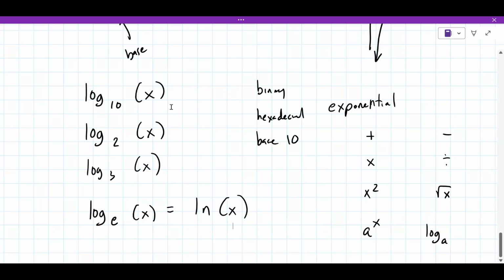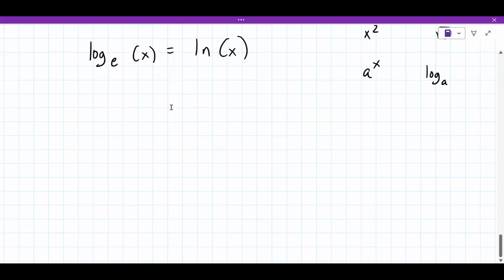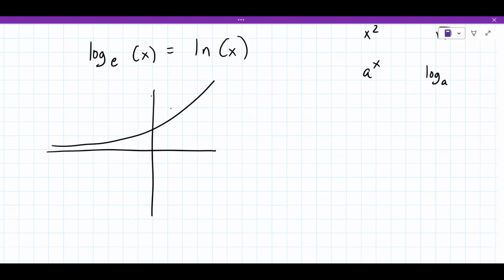We'd have to do a whole lesson, because there's also this graphical side. If you have a growth function like that, it always has an inverse, and the inverse is ln of x.